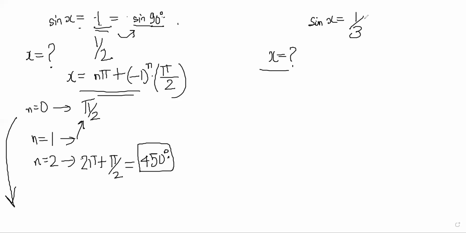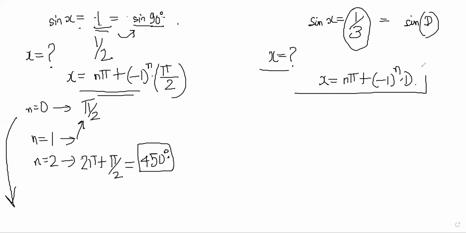Right now, I don't know what angle will make sine 1 by 3. What is the D that makes it 1 by 3? If I knew that D, then I would have written x is equal to n pi plus minus 1 to the power n into D, right? Are you understanding what I'm saying?